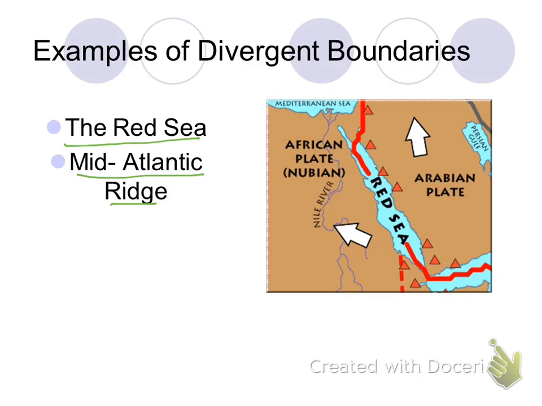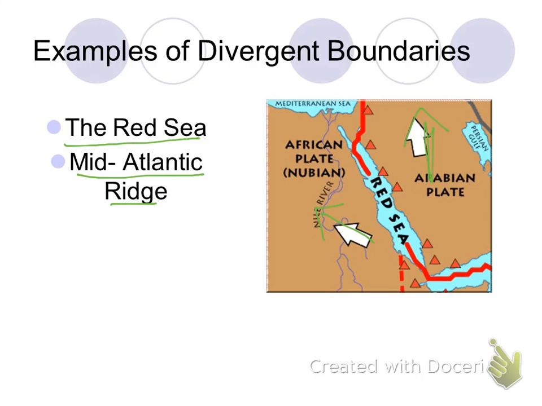Okay, so if we look at the map that I've got on the board, you'll notice the African plate's moving this way, the Arabian plate's moving this way. So if I take my hands and go in that direction, are they moving apart? Yes. Are they moving exactly opposite? No, they're not, but they're still moving apart.